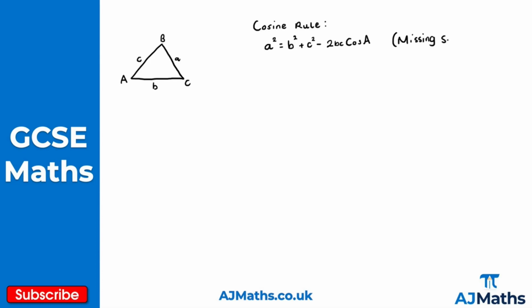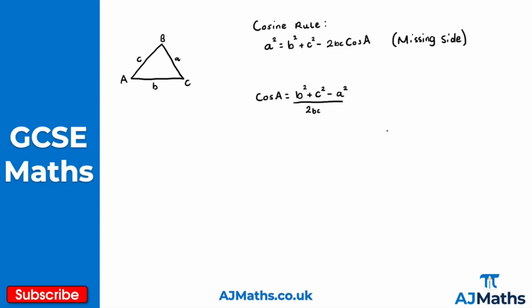Make a note of that here. So now, if you want to find a missing angle using the cosine rule, then we simply rearrange this. What we do here is make cosine A the subject. So we get cos A is equal to b squared plus c squared minus a squared, all divided by 2bc.